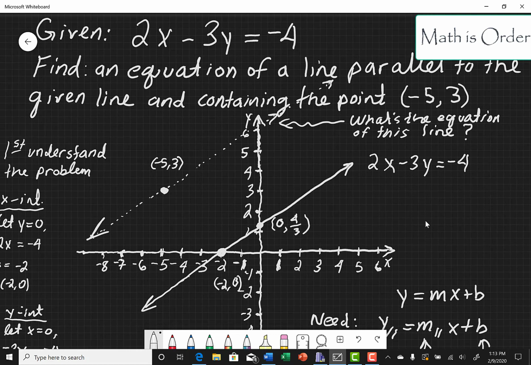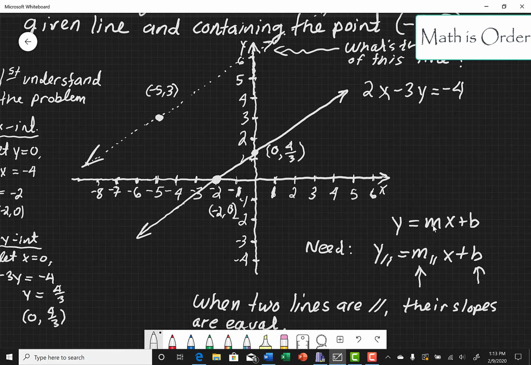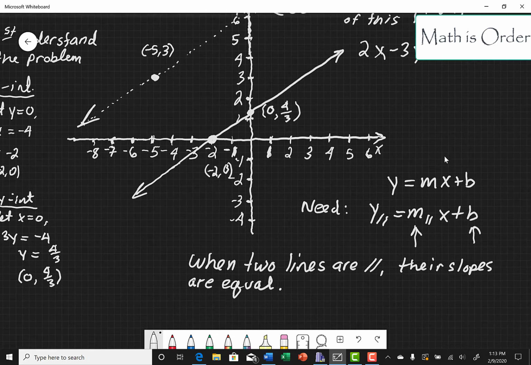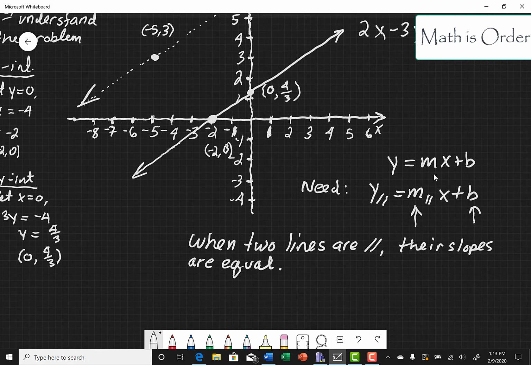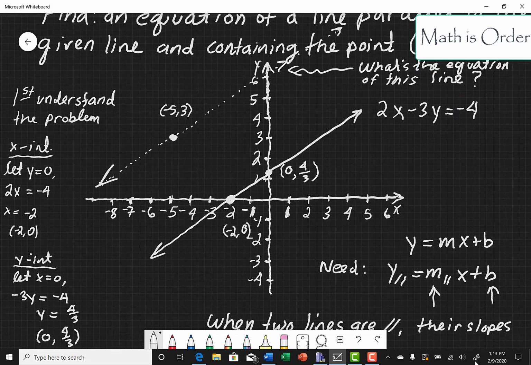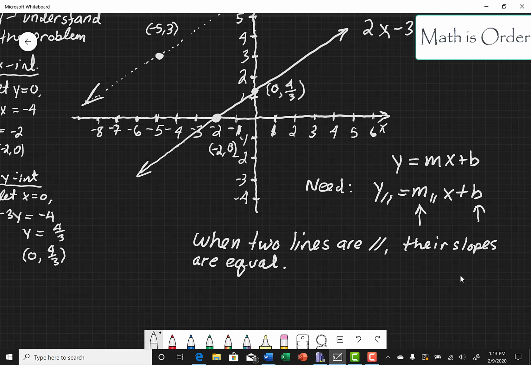Let's rearrange the equation and put it in the slope-intercept form, and that way the slope of that given equation will become very clear to us. And we know then that would be the same value as the slope for our needed equation. So let's go ahead and rearrange our given equation. We've understood the problem. Let's solve that given equation to get y by itself.